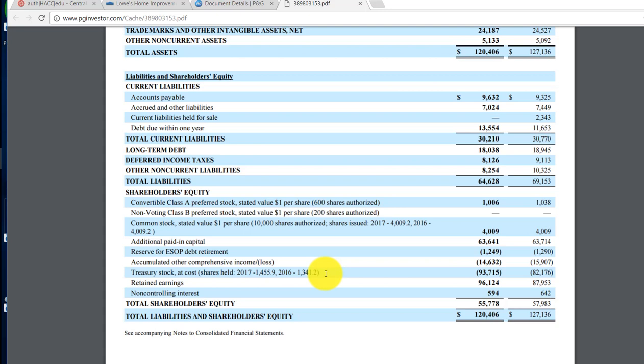We're going to talk a good deal about that more in a later lesson. And accumulated other comprehensive income/loss is related back to our statement of comprehensive income, which we reviewed last week.